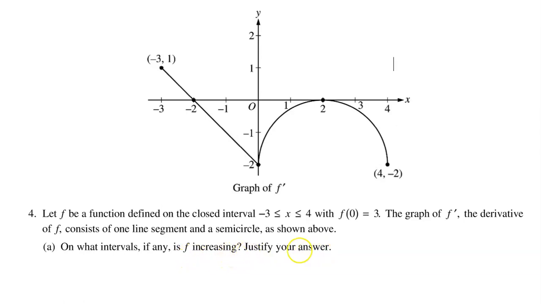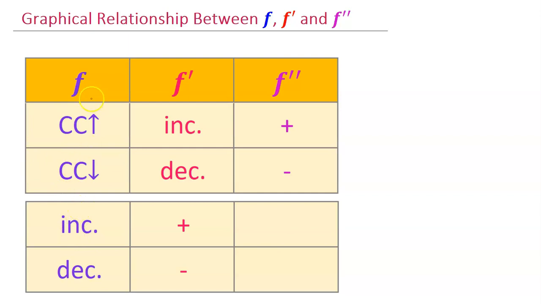Justify your answer. A long time ago we learned the graphical relationship between f, f prime, and f double prime. Specifically, if f is increasing, then f prime will be positive. If f is decreasing, f prime will be negative.